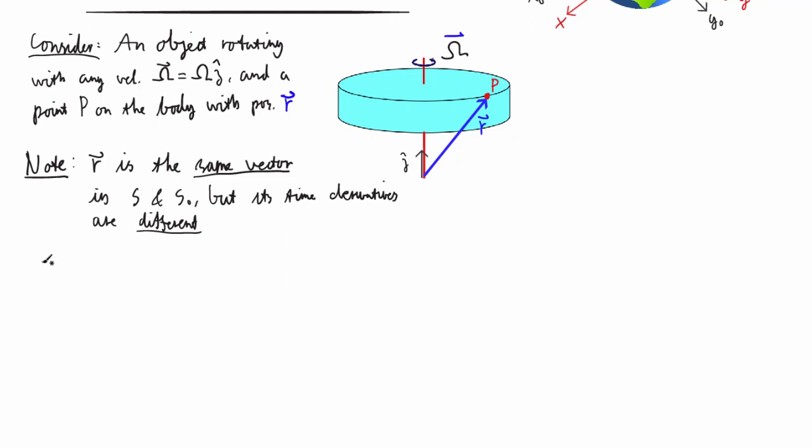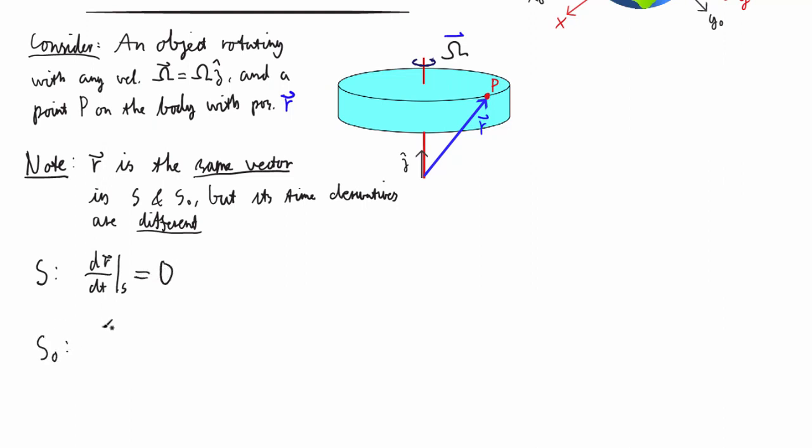If you look in S, that is the reference frame that rotates with the body. Now, P is a point on the body, so that means that r is fixed in the rotating frame. So if I then take dr/dt as seen from the S frame, the rotating frame, that's going to be 0.